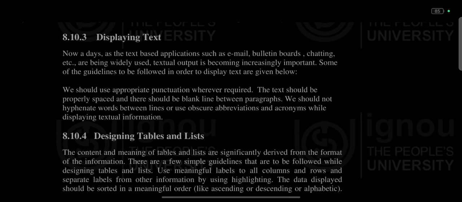We should use appropriate punctuation wherever required. The text should be properly spaced and there should be a blank line between paragraphs. We should not hyphenate words between lines or use obscure abbreviations and acronyms while displaying textual information.